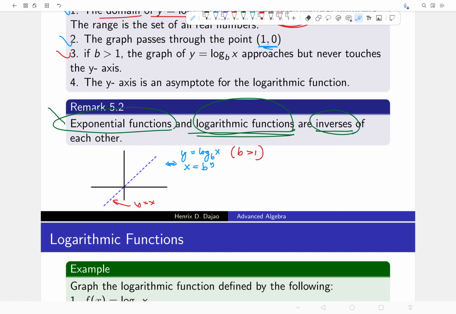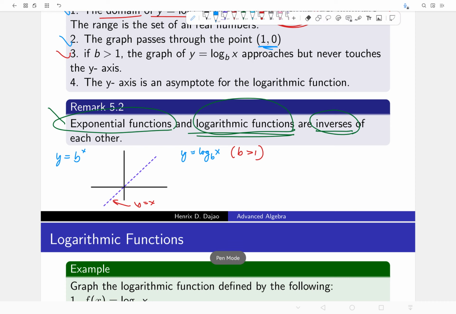Since we already knew that the exponential function and logarithmic function are inverses, first we will draw the exponential function defined by this. So how does it look when we graph this one?